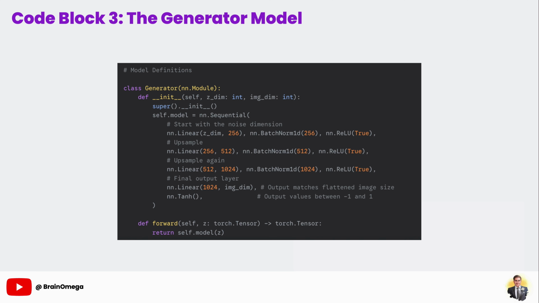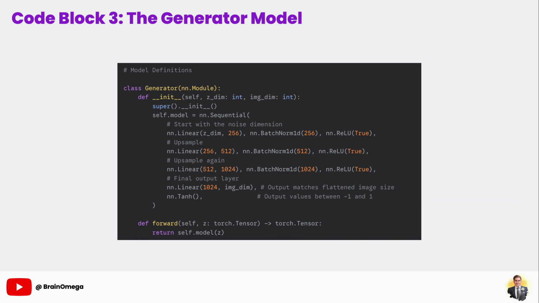This is a normalization technique that helps stabilize training by keeping the outputs of each layer in a consistent range, which is especially important in GANs. Then, a ReLU activation introduces nonlinearity, allowing the model to learn more complex relationships.